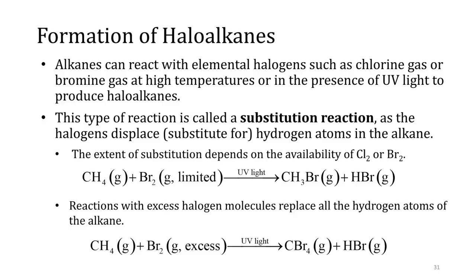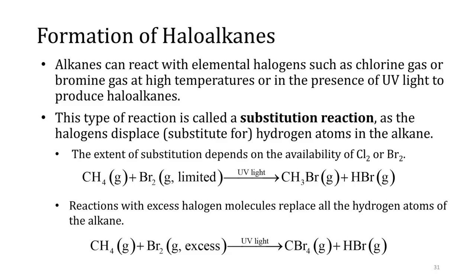And the next reaction we're going to look at is the reaction with halogens. It turns out that we talked about redox reactions back in basic chemistry. Combustion is a type of redox reaction where the alkane is the reducing agent and oxygen is the oxidizing agent. But likewise, you can react with halogens.